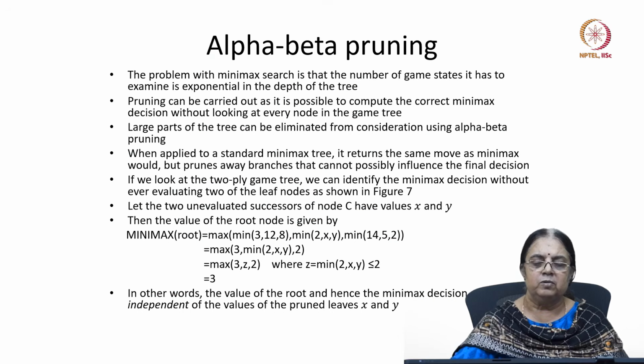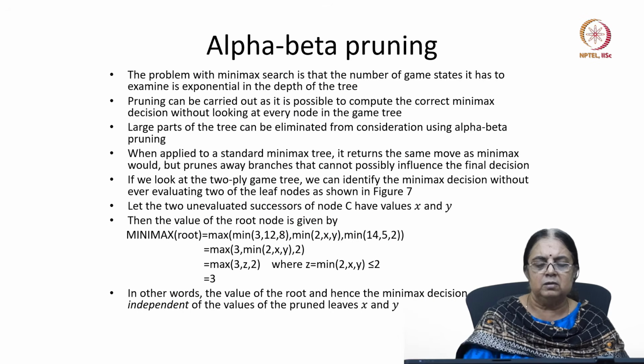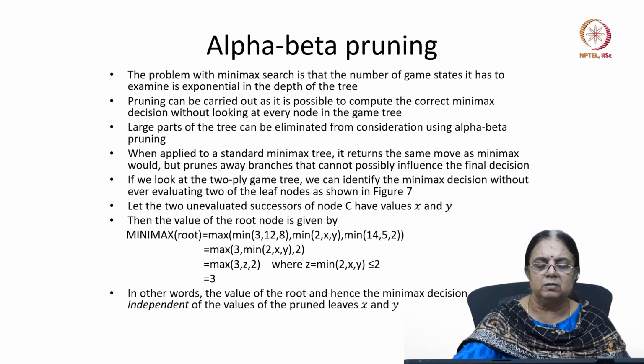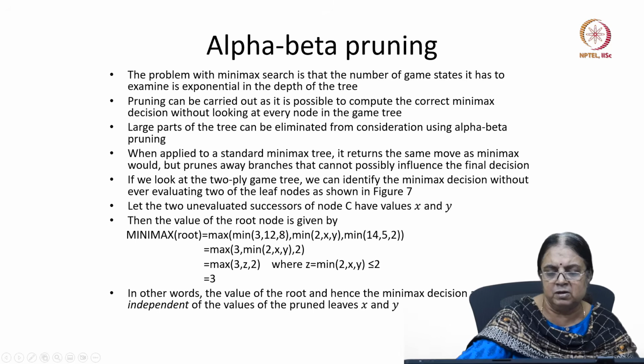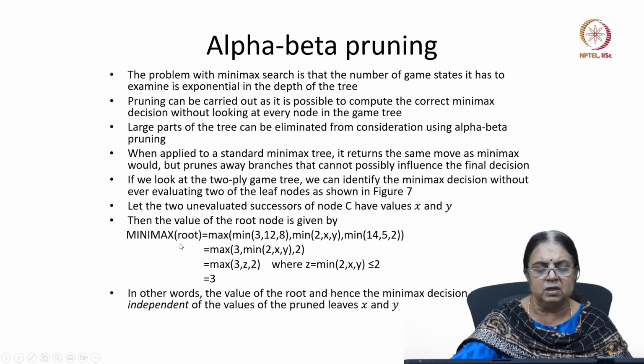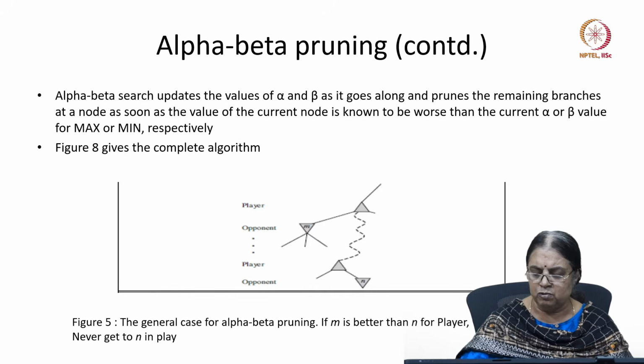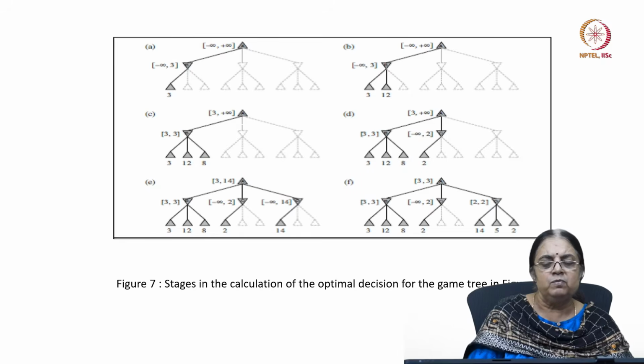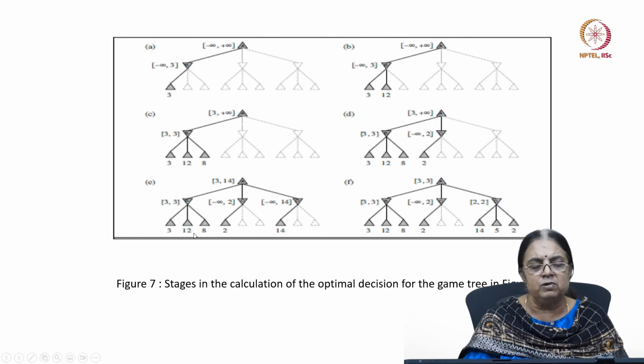If we look at this particular figure, the value of the two nodes we are talking about here, x and y, in the second ply or the second subtree doesn't really matter. So you can prune those leaves. When you prune leaves, you find that you're able to go deeper into the tree.